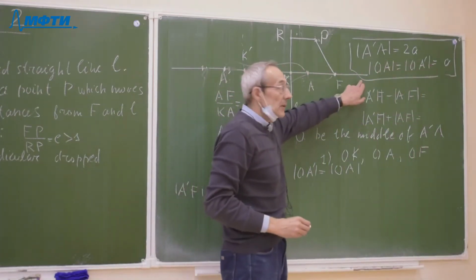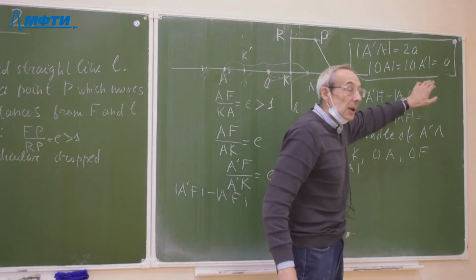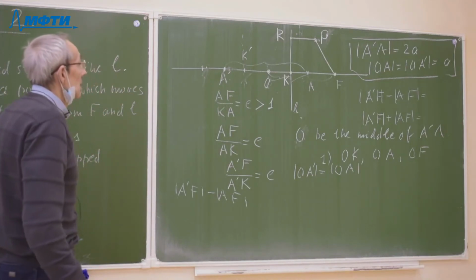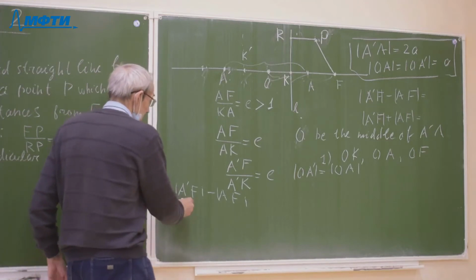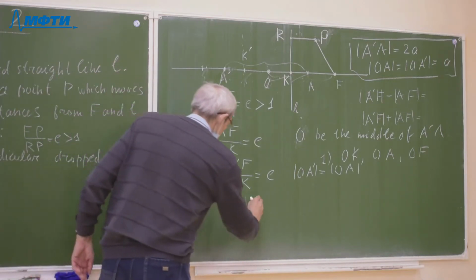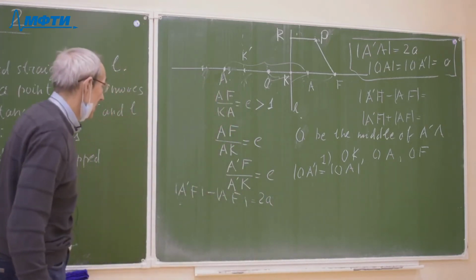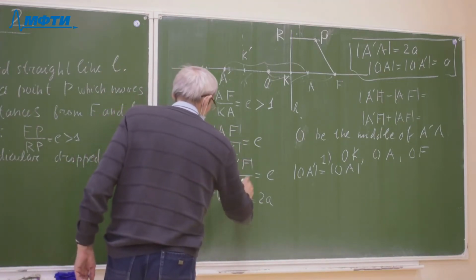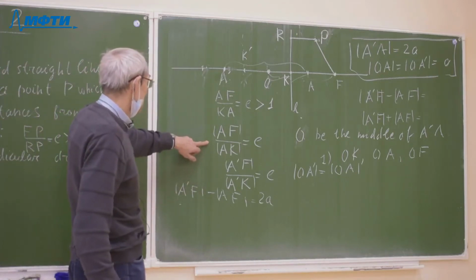We introduce this first parameter which defines our conic section, the hyperbola. And it is easy to see that this difference is exactly equal to 2a.